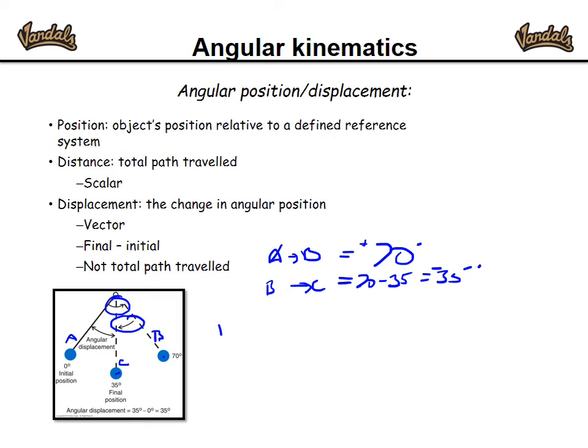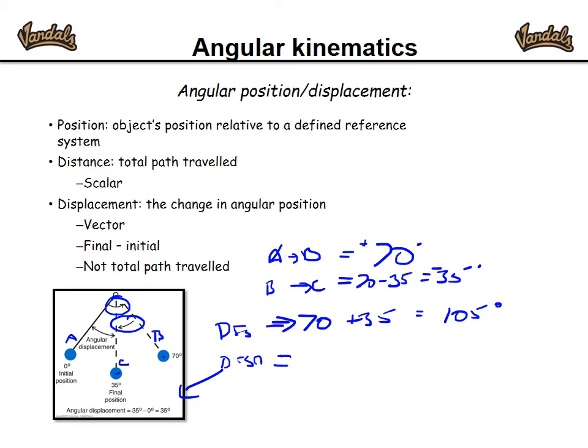If I just did distance, remember distance is scalar, so it does not take into account whether I'm going counterclockwise or clockwise. I went from A to B, it's 70, plus from B to C, it's 35. So the total distance traveled is 105 degrees. But if I was doing displacement, and you can see it down here, it's 35 degrees.